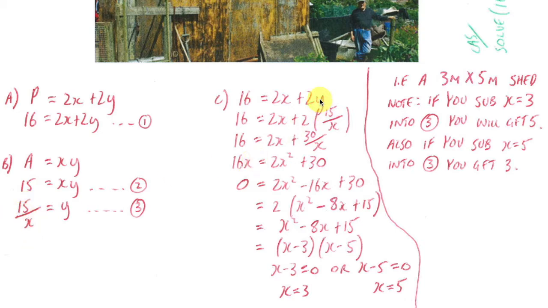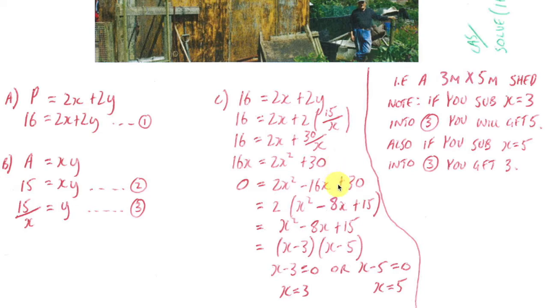So instead of writing this y, I'm going to write that it's equal to 15 on x. So now I have an equation with only one variable in it, x. So just multiplying the 2 through gives us that. And now if I multiply everything by x, I'll have 16x equals 2x squared plus 30.